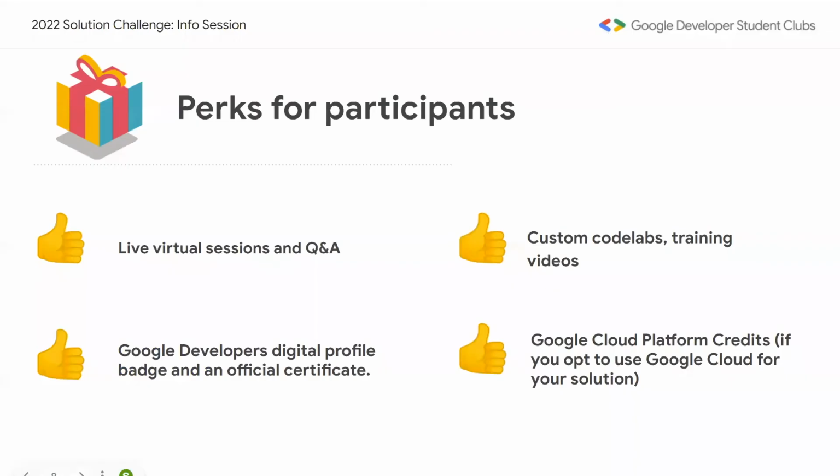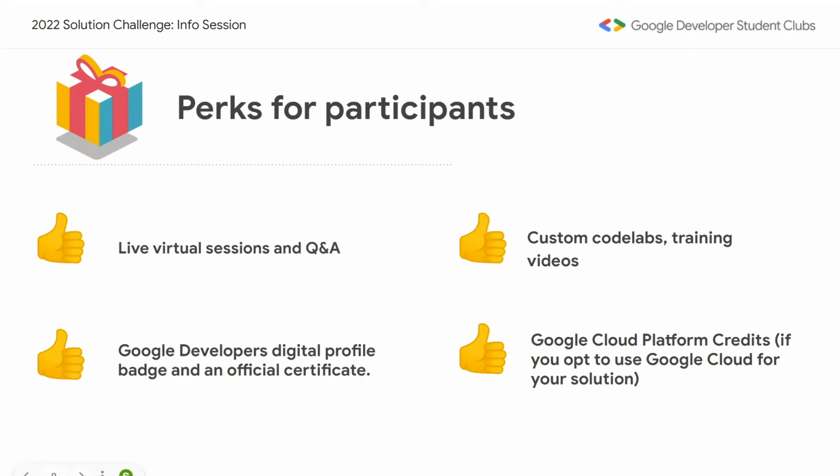So now to move on to the perks that participants receive. The second you register for the 2022 Solutions Challenge, you will have access to a whole bunch of cool benefits from Google, such as live virtual sessions and Q&As, custom code labs, and on completion of your Solution Challenge project, you will also obtain a Google Developers Digital Profile Badge and an official certificate as well.